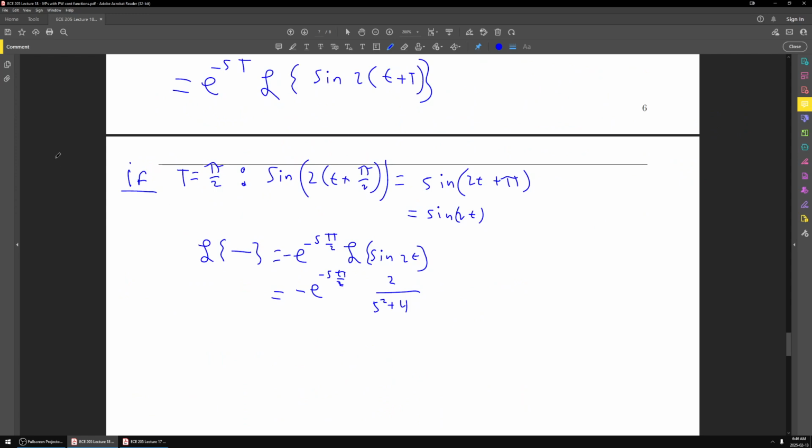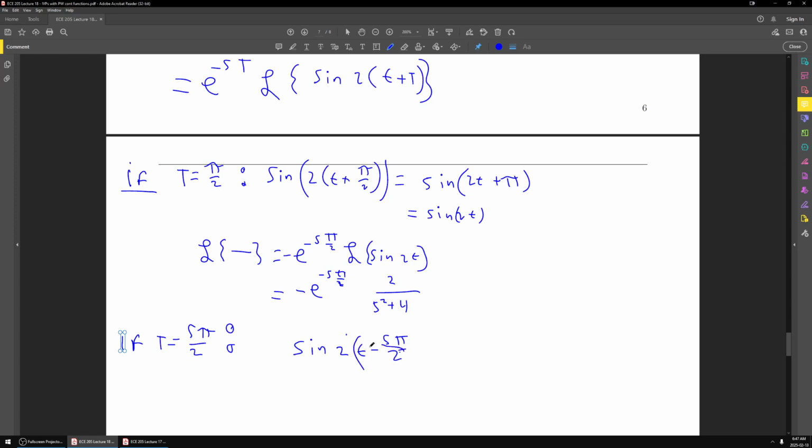Now, I need to do the same computation in the case where t is 5 pi over 2. Similar computations here, I'm going to end up with sine of 2t minus 5 pi over 2.